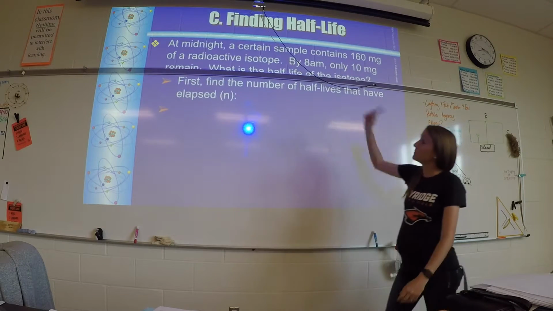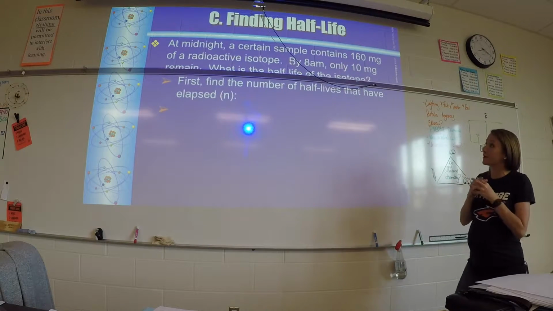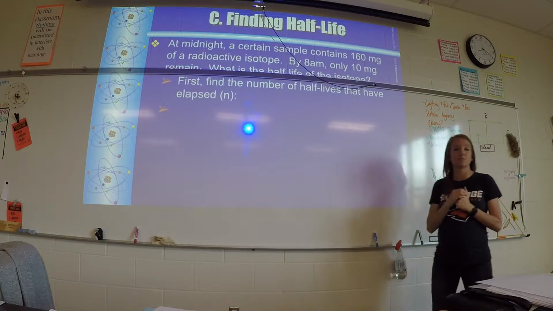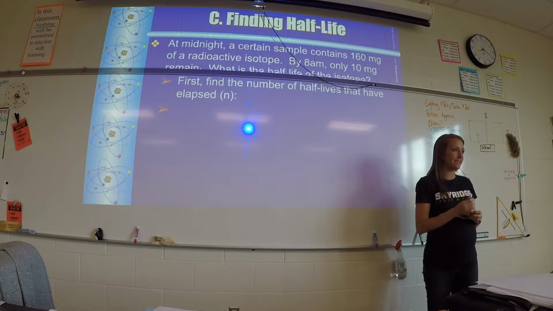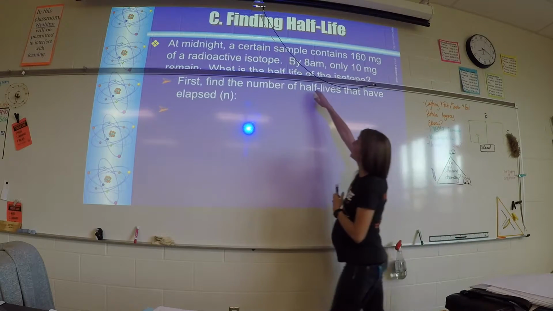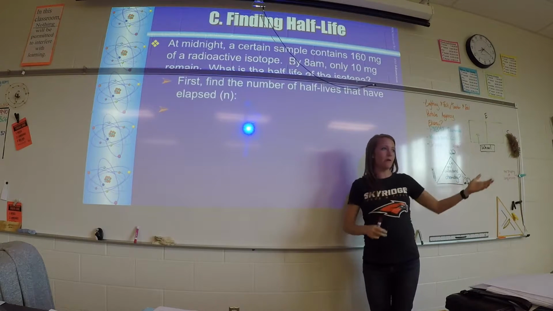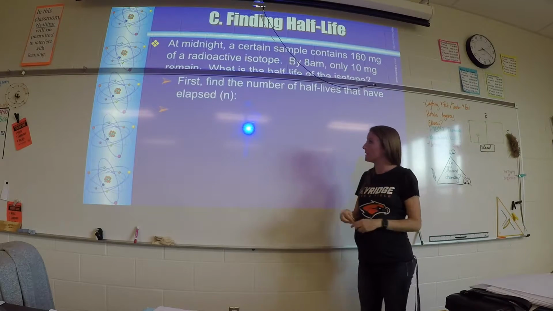All right, so let's look at this problem. At midnight, we have a sample that contains 160 milligrams of some radioactive isotope. By 8 a.m., only 10 grams remains. So we want to know what is the half-life of the isotope. Okay, so the goal here is to find half-life. So my end unit, is this a unit of amount or a unit of time? Time, okay? So I'm going to do it visually here.